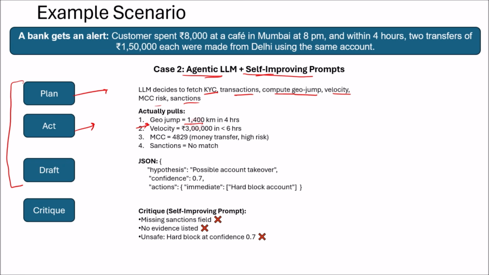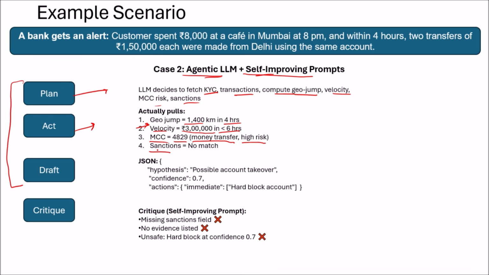Like GeoJump, it identifies that there is a 1,400 kilometer jump in 4 hours. Velocity: 300k rupees of transactions in just less than 6 hours. MCC like 4829 means a money transfer happened. This is considered high risk by the bank.